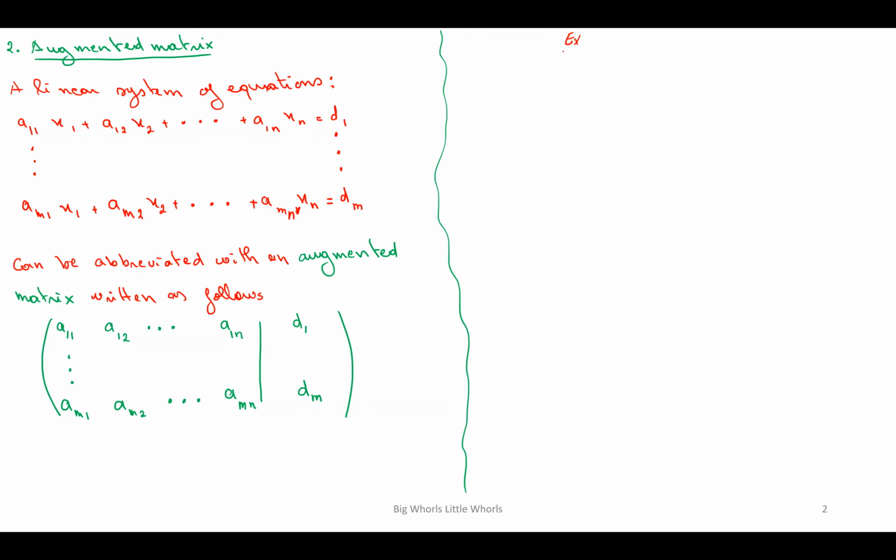So let me give you an example and then we will stop here. Let's say we are given the following system. Write the following system in its associated augmented matrix form.